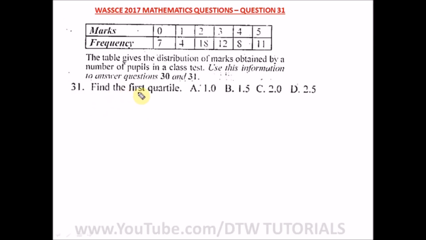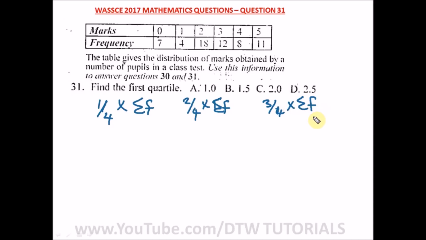Question 31 says find the first quartile. So we're going to find the first quartile of this frequency distribution. Remember, the first quartile is 1/4 of our cumulative frequency. The second quartile is 2/4, I'm just reminding you, of your cumulative frequency, and your third quartile is 3/4 of your cumulative frequency.